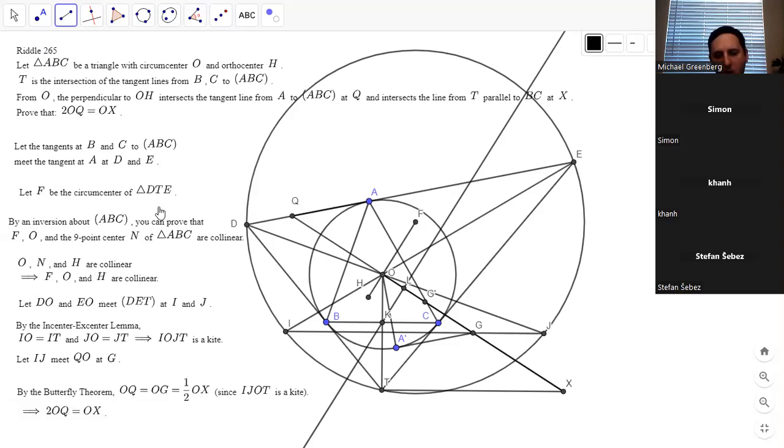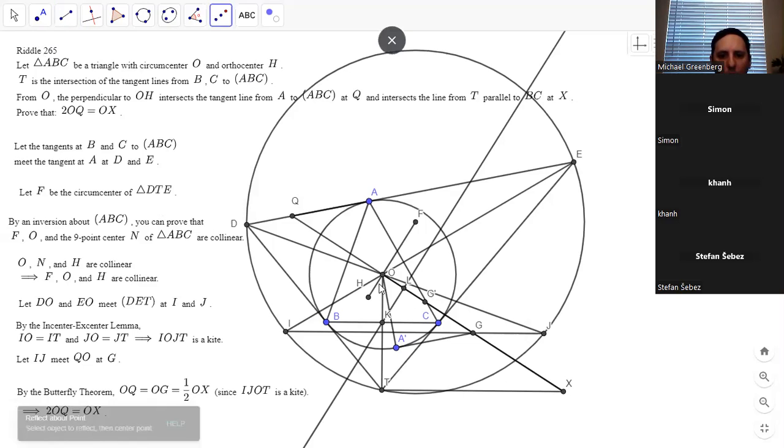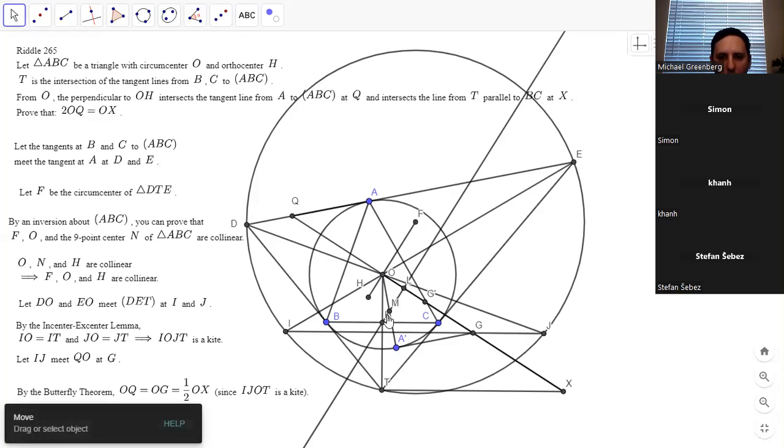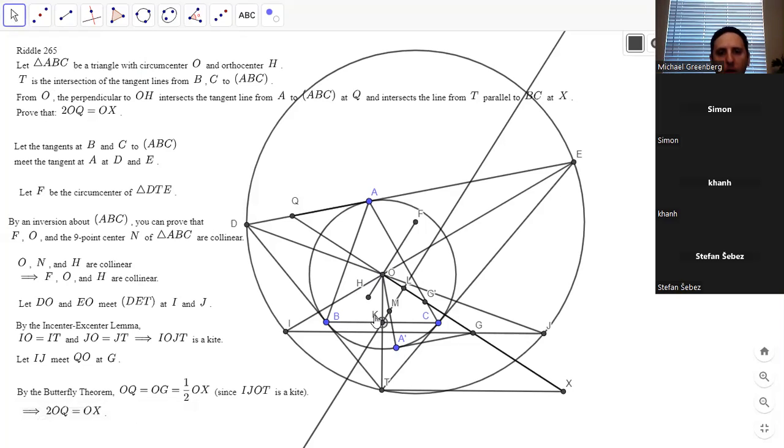Okay. Yeah, and now you take the midpoint of OA prime. Also connect O and A, connect those two points.